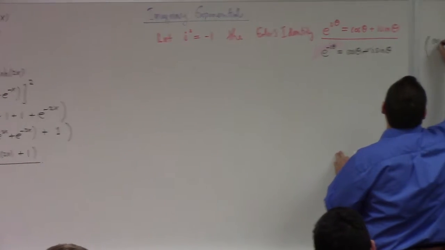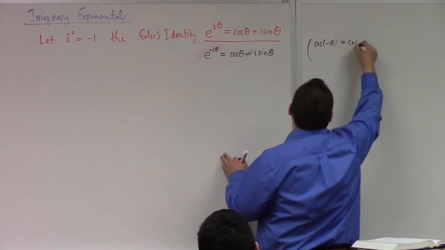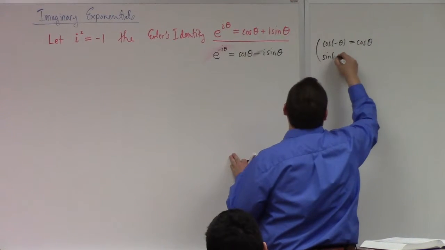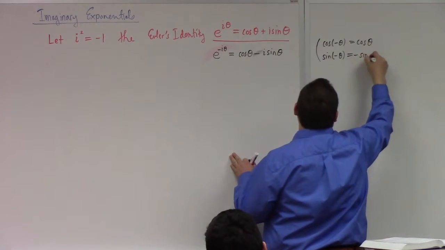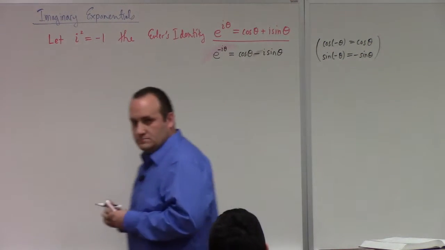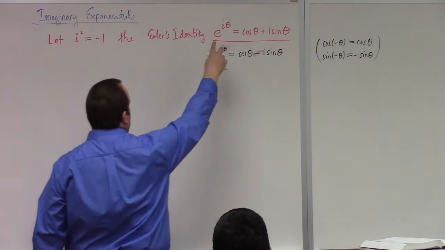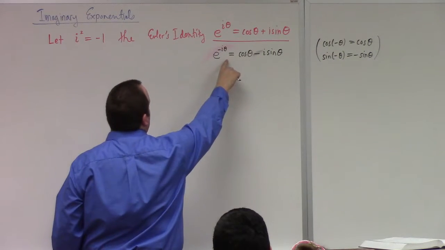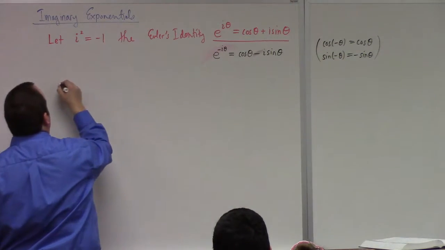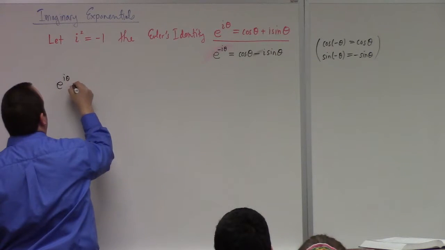That comes because cosine of minus theta is cosine theta, and sine of minus theta is minus sine of theta. So, for example, with these two formulas, what do we get if we multiply e to the i theta times e to the minus i theta?